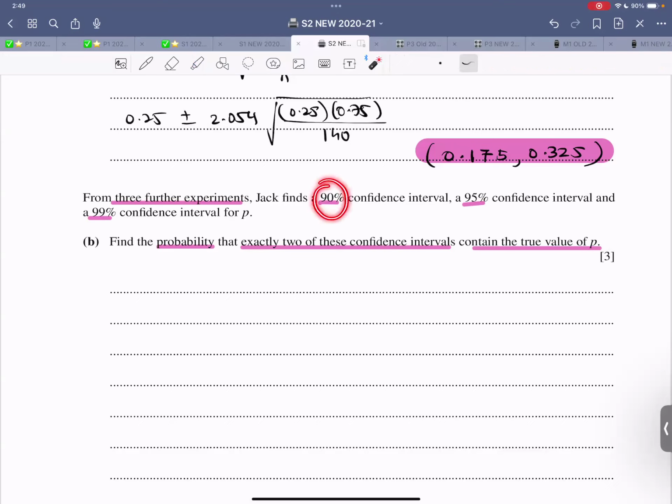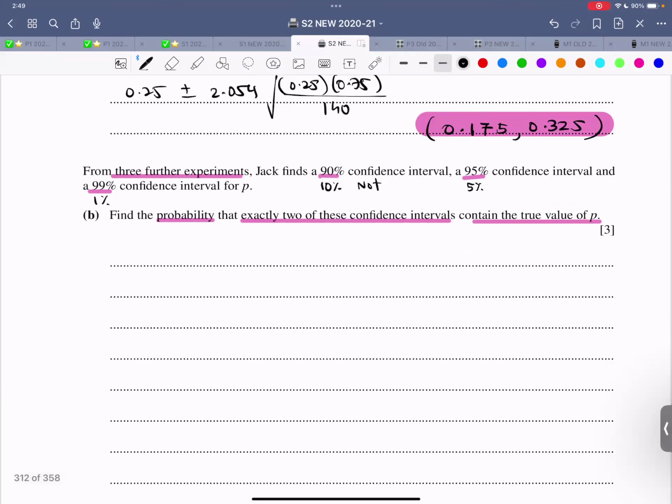When we calculate a confidence interval, there is a 90% chance of including P and a 10% chance of not. 95% including P, 5% not. 99% including P, 1% not.